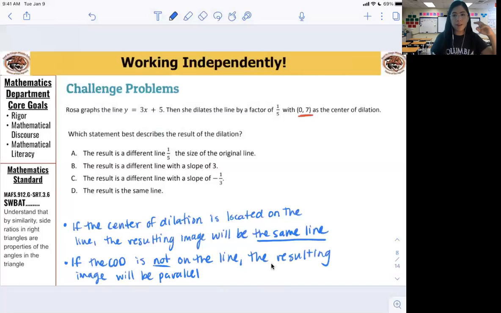Okay, how do you check if a coordinate point is on the line? How do I check if (0, 7) is on this line? By plugging it in. Plugging it in, good.